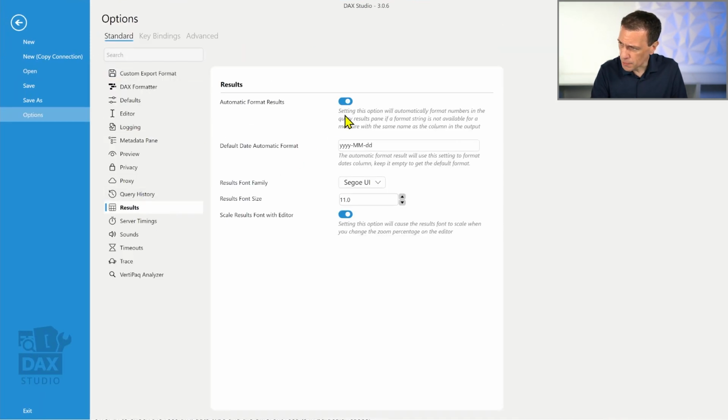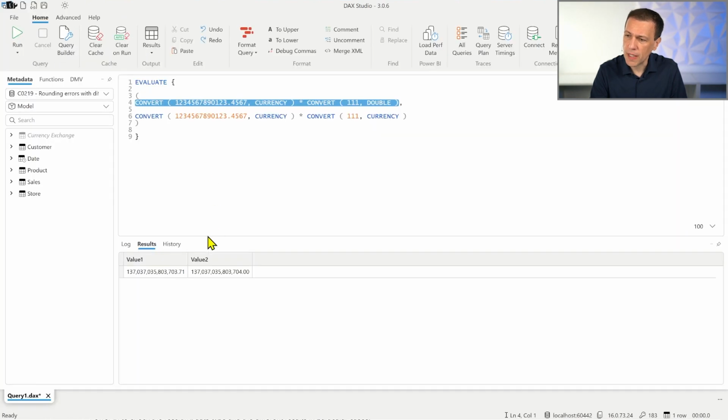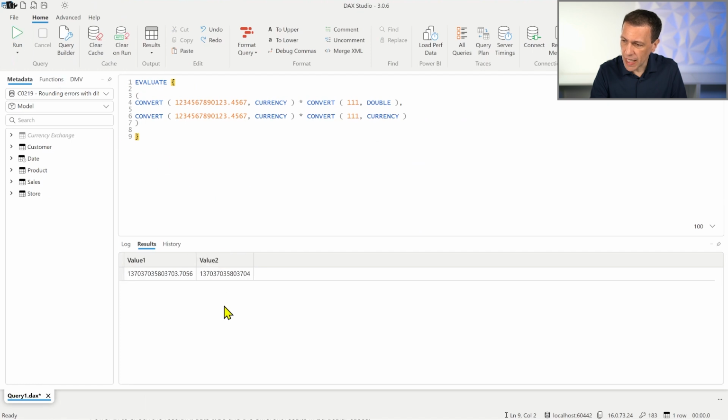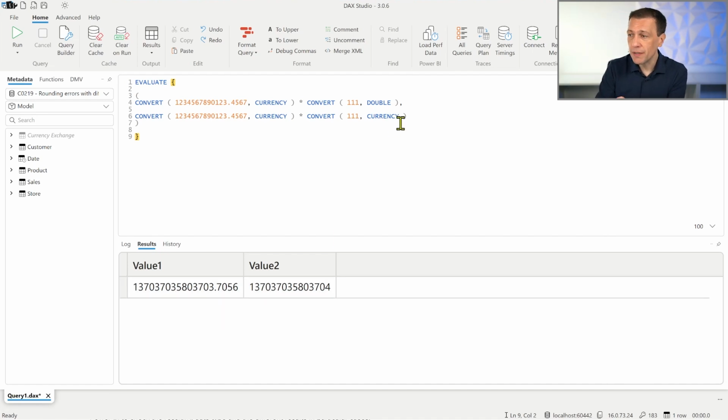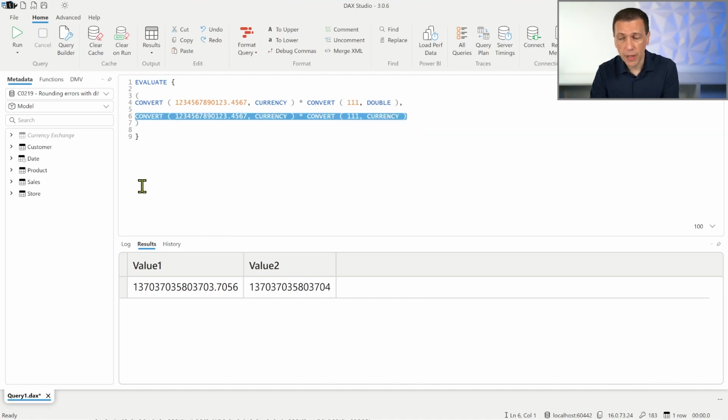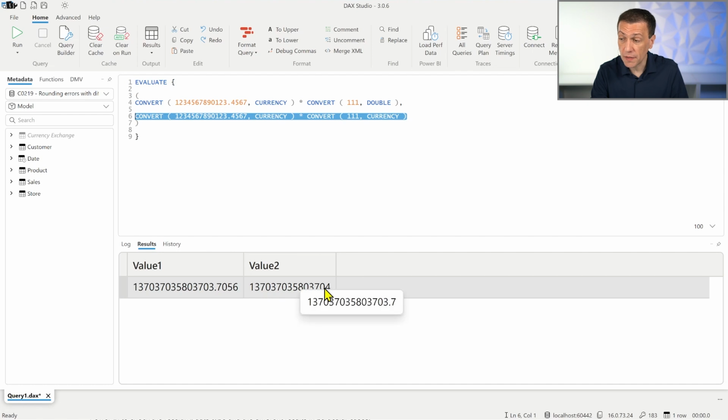And let's remove the automatic formatting. So if I run this code again, now we have the 4 digits. I prefer to keep the automatic formatting later, but this is just to show you that the actual number has 4 digits. In this case, we have only the integer part, and not because we have an integer as a result. In this case, the result is a floating point, but the floating point has only 15 significant digits.